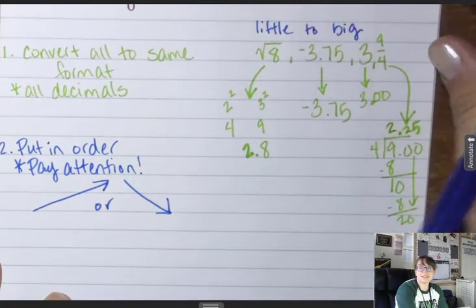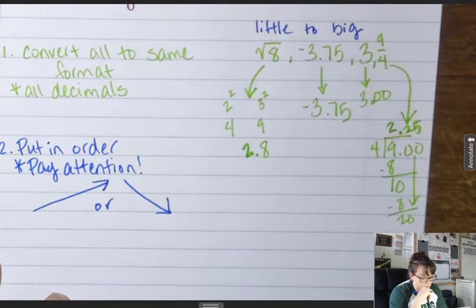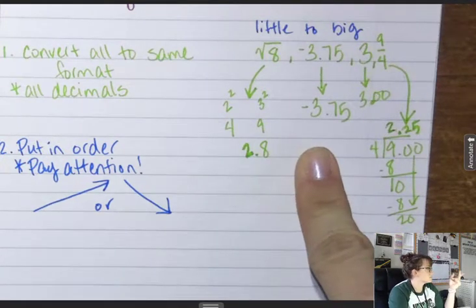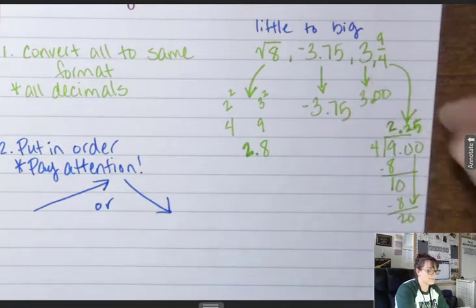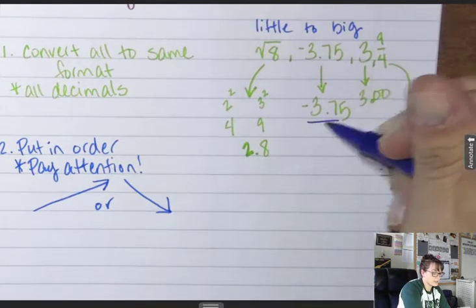So what is the littlest number up there? Negative 3.75. So this one's the littlest.